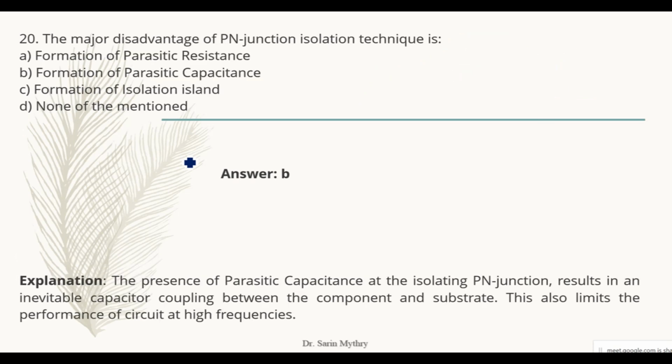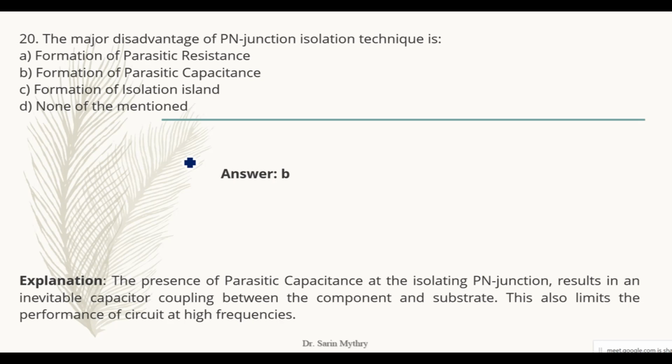The major disadvantage of the PN-junction isolation technique is what? We have seen in the PN-junction of a transistor, as I discussed in the class, that wherever the two types of junctions are formed, definitely that will act as a conducting terminal.